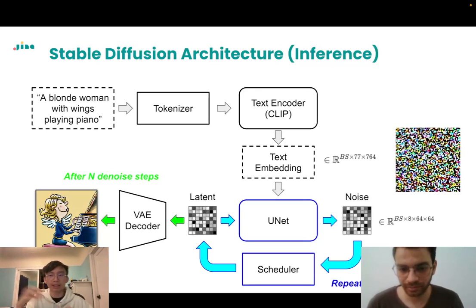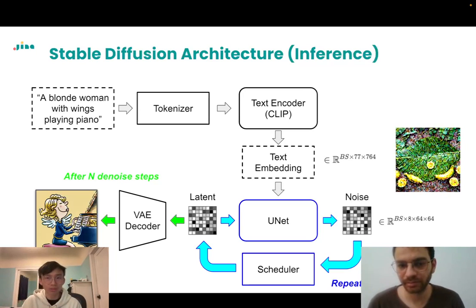But if you subtract incrementally, so you have it predict the noise, but you don't subtract all of it at once. You subtract a little bit, and then you ask it to predict again, and then it subtracts a little bit, and then at the end it has finished subtracting. Then you decode it back out into the image.